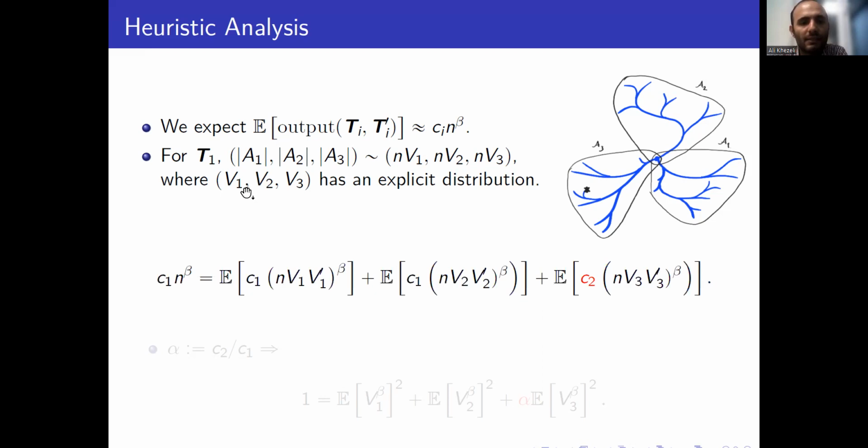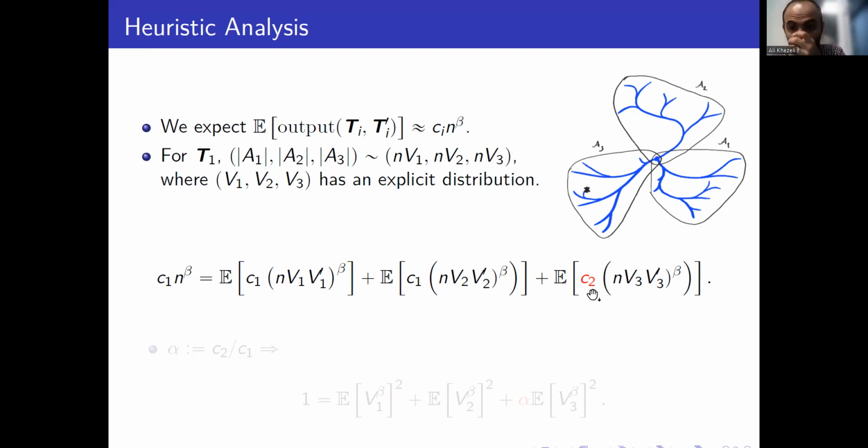Now we obtain this equality. This is the size of the output for trees of type 1. This is the output of the first branch, which is also type 1, so there is C1 here. The second branch is of type 1, so there is C1. The third branch is of type 2, so there is C2 here.